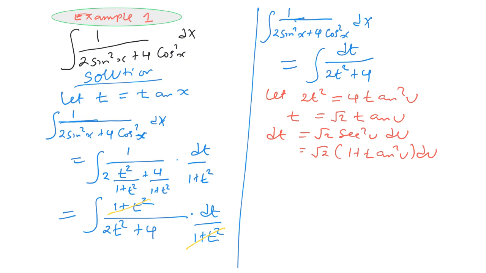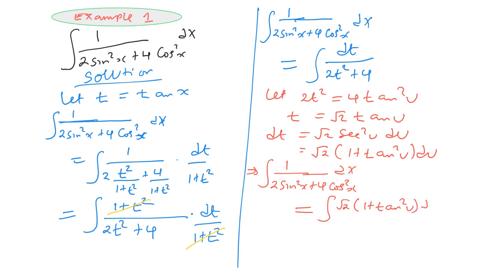So our integral, which is 1 over 2 sine squared x plus 4 cos squared x, dx, now takes us to the integral of root 2 into 1 plus tan squared u, du, all over 2t squared, which is 4 tan squared u, plus 4.